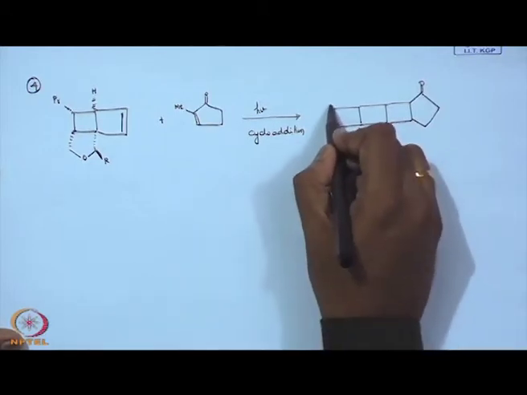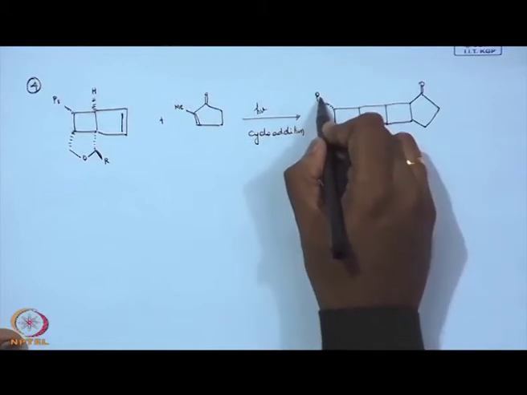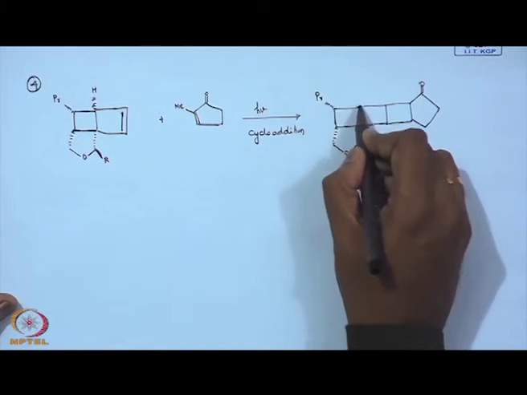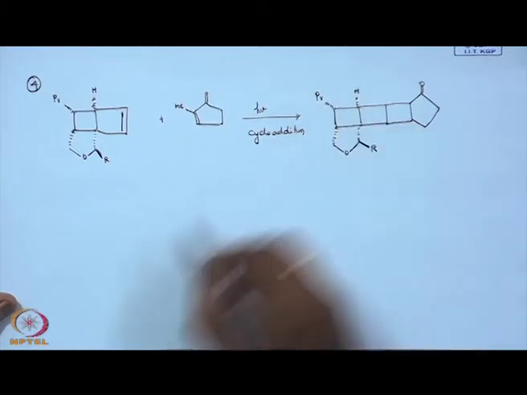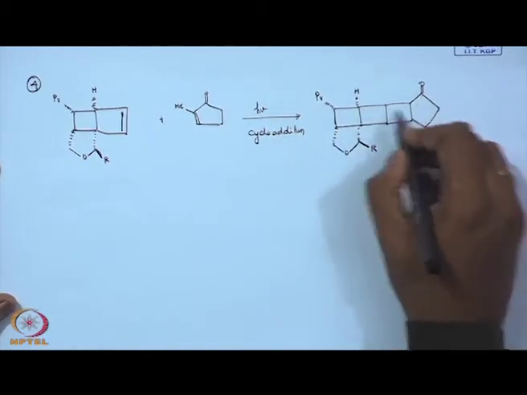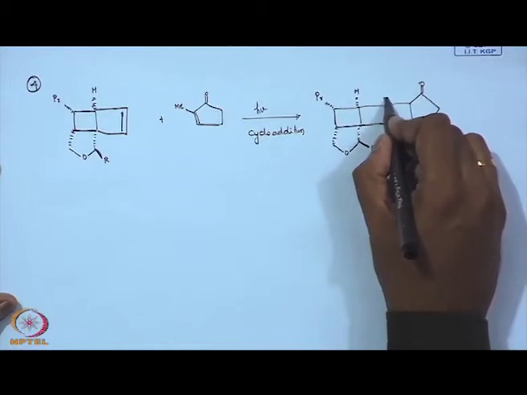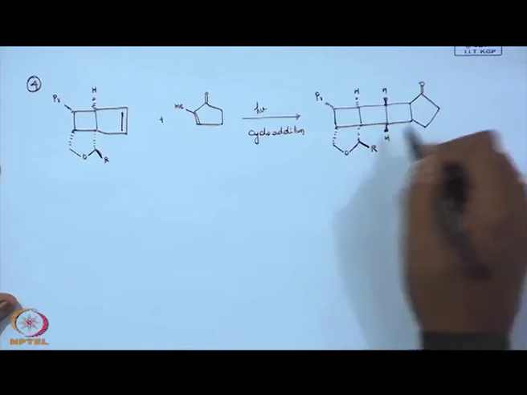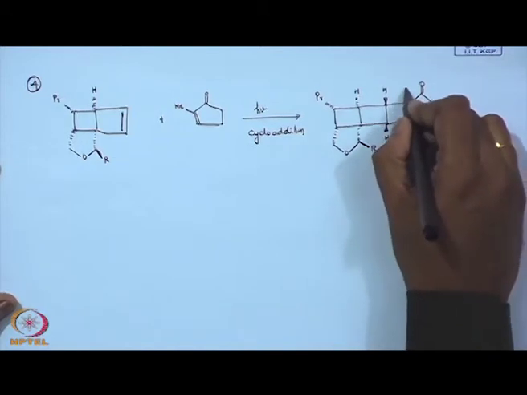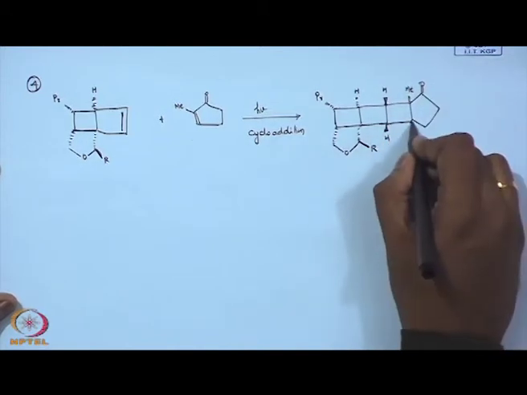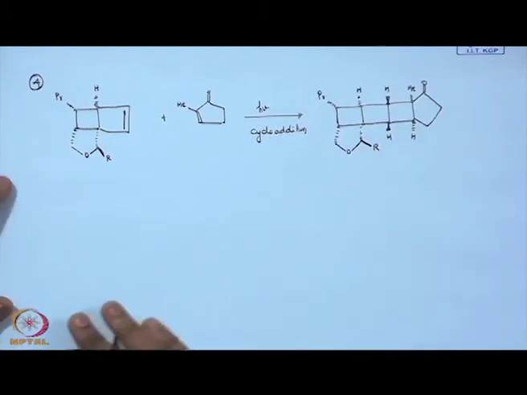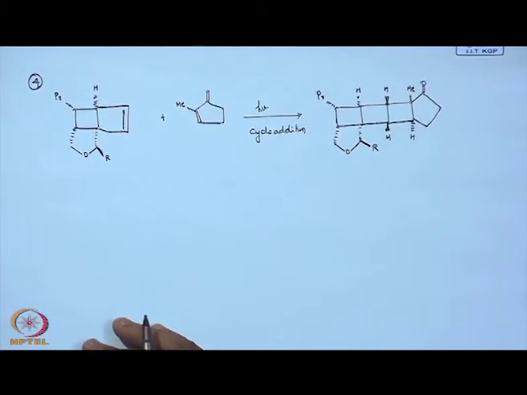Here I have my propyl with my hydrogen, in this case outside, and I have my hydrogen here. Then you have a methyl and you have hydrogen. See, you get this nice cycloaddition reaction.